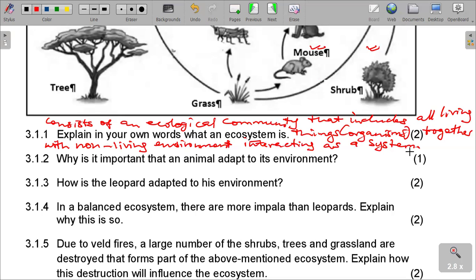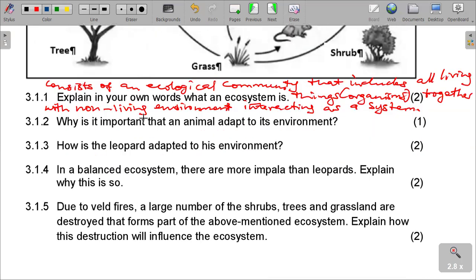Next question, it wants to say, why is it important that an animal adapts to its environment? The environment changes continuously. If organisms do not adapt to these changes, they will become extinct.